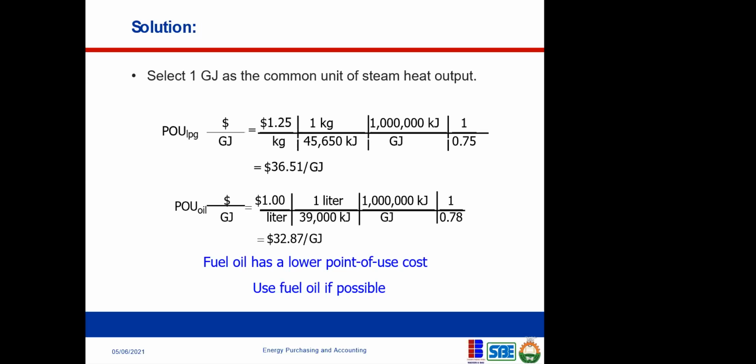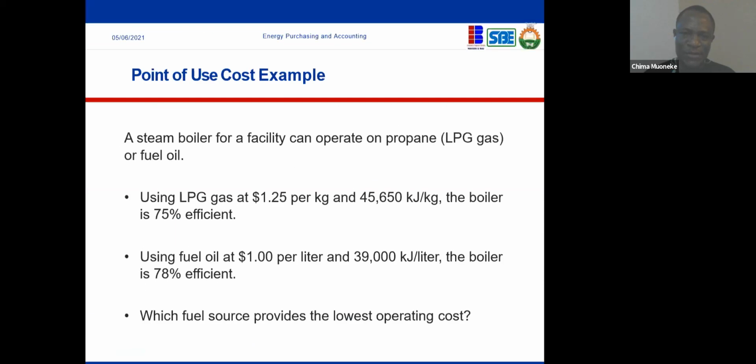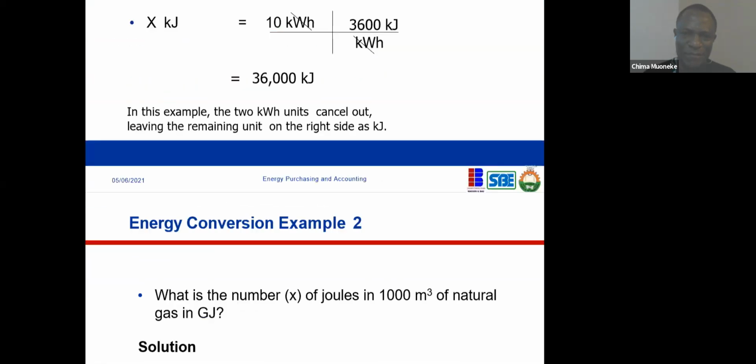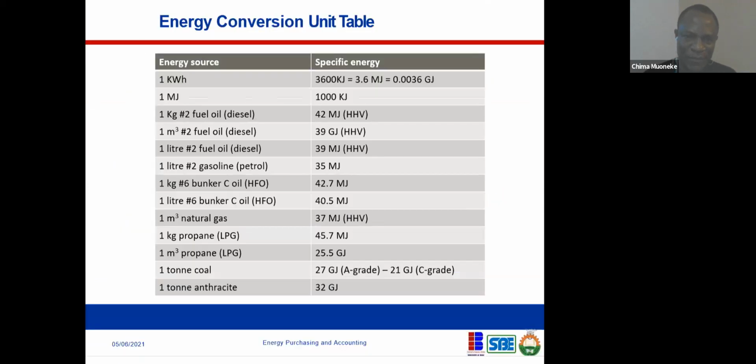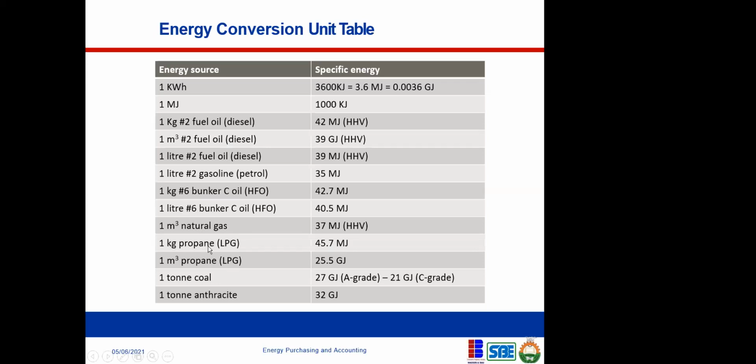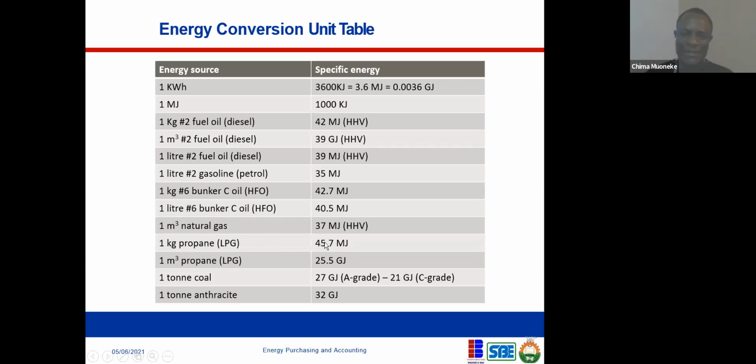Now that is LPG gas. Let us see if it's in the table. If it's not there, then you can search the internet and get it. Okay, is there to megajoules? Exactly. So it's there. So even if you're not given it, you just come to the table, find it and then use it.